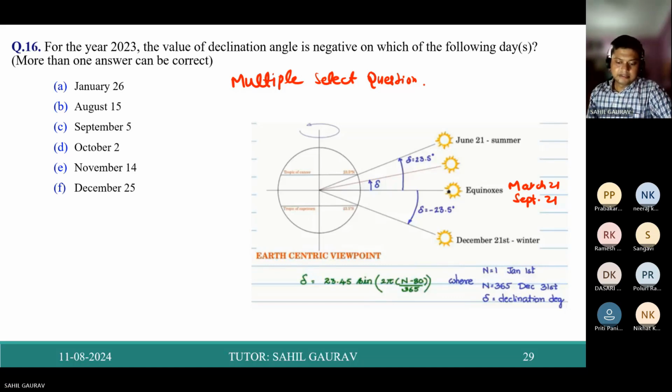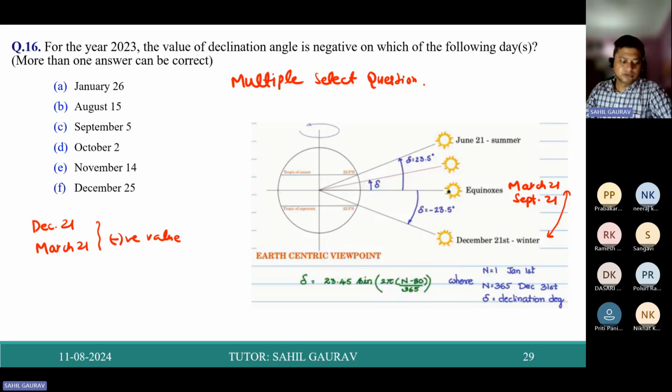So from December to March, whatever months lie between December 21st to March 21st, all will be negative value.